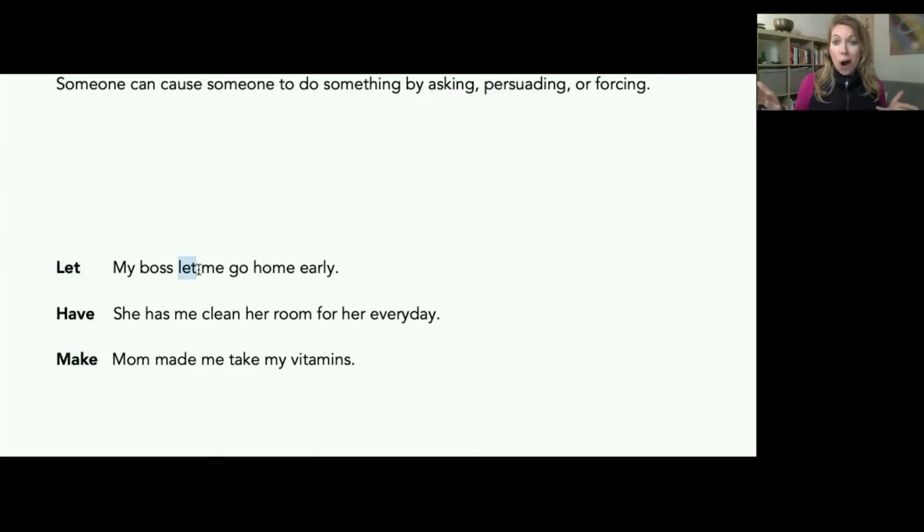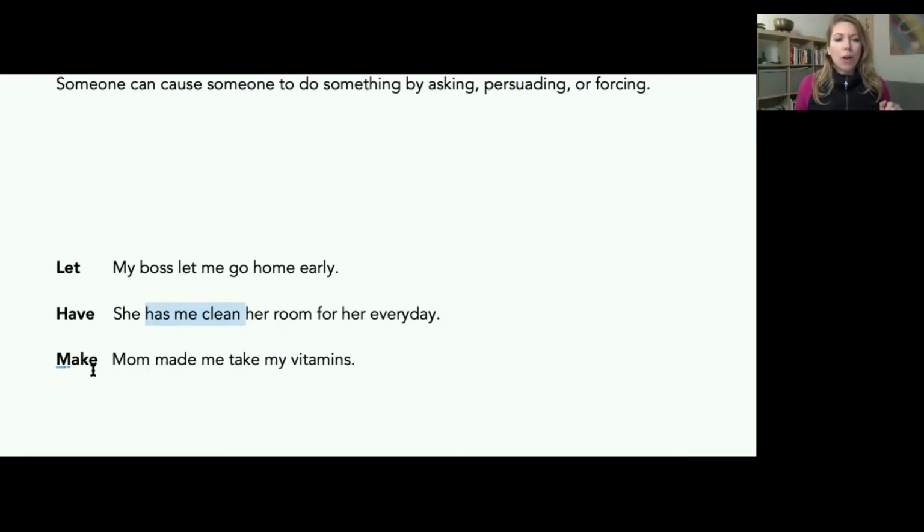It's not that strong, right? It's on the gentler side of this range. She has me clean her room for her every day. She has me clean her room. So again, this is a little bit stronger now than let.